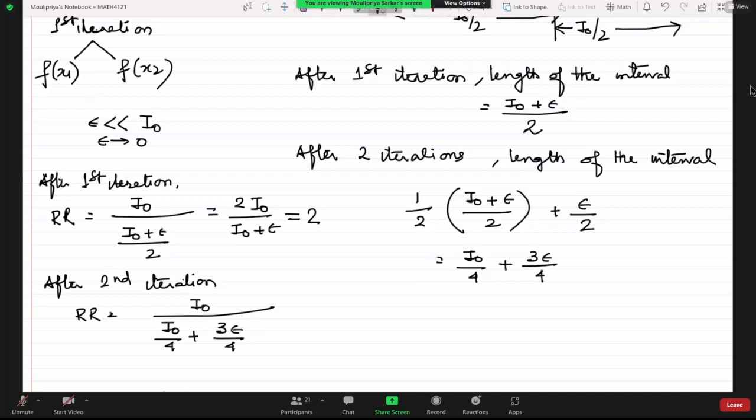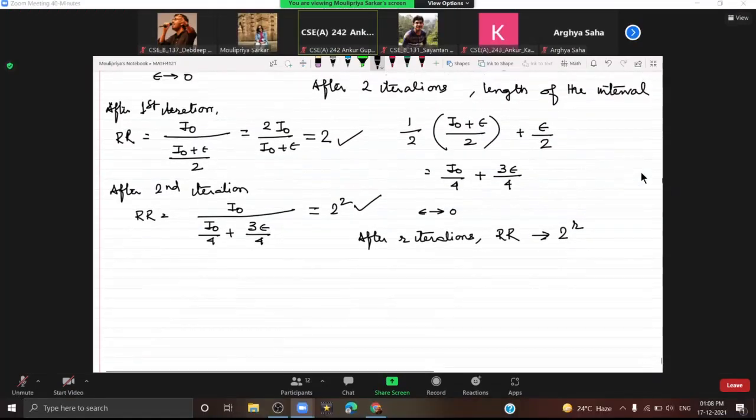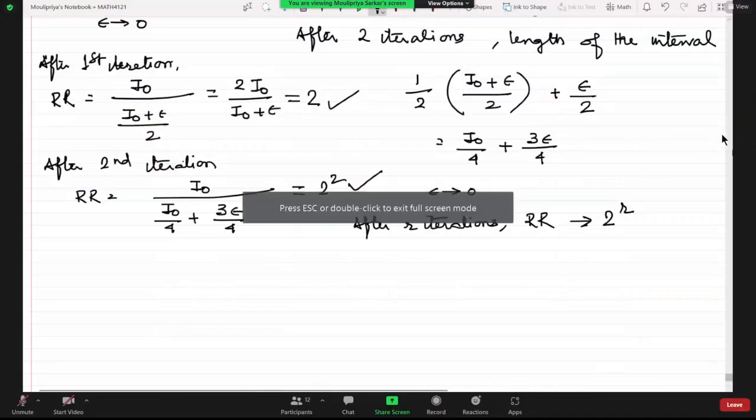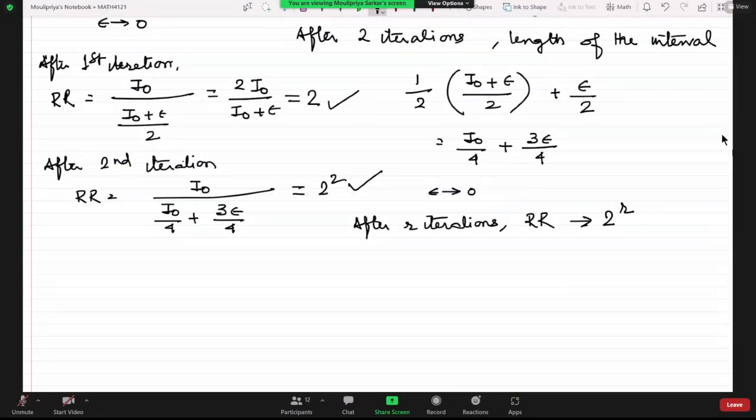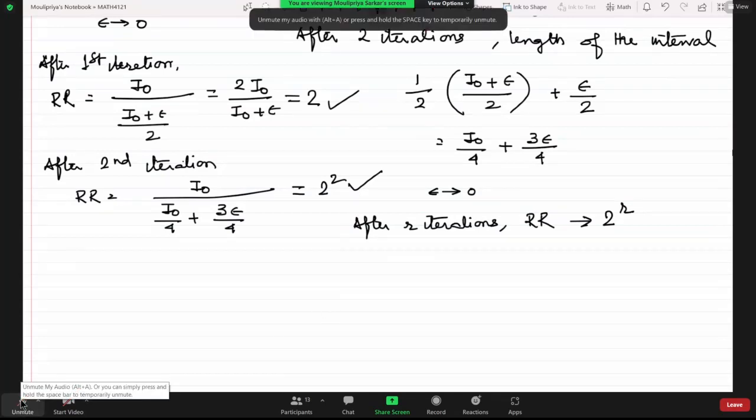So can you tell me what is this equal to if I assume that epsilon is tending towards 0? 4, that is 2 square. Well, okay, so can I say that after r iterations, the reduction ratio is 2 to the power of r? Can I say this? Yes.